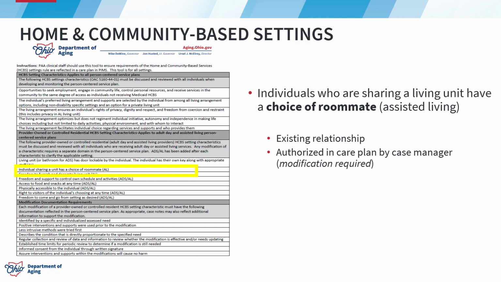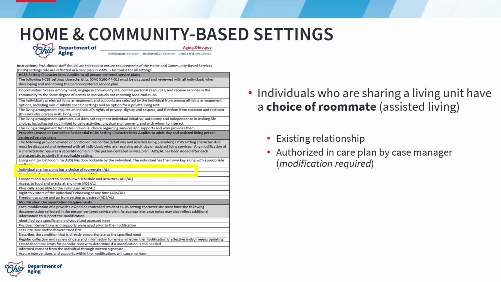Next is that the individuals who are sharing a living unit have choice in their roommates. So an individual, as you all know, has to have a pre-existing relationship, and a roommate has to be authorized in the care plan by the case manager.